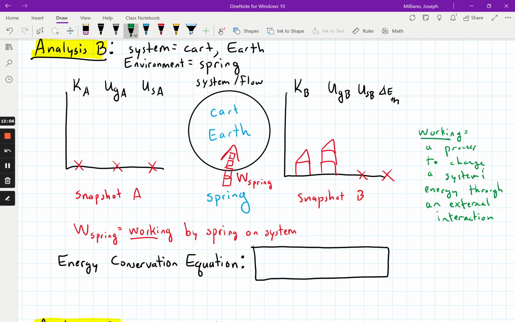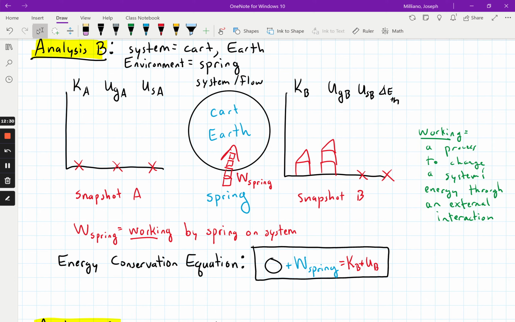Now, what does this conservation of energy equation look like? We start with 0 energy. The spring then adds some energy in through a working process, and that ends up being equal to the kinetic energy and the gravitational potential energy at snapshot B. Often students ask me, do I need to include the 0 energy for the initial snapshot?